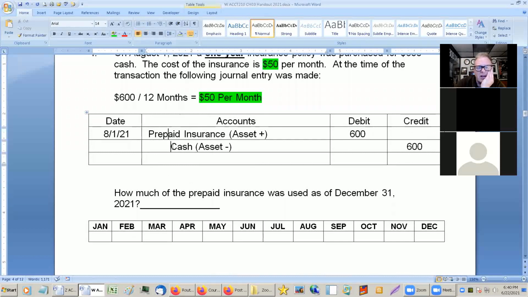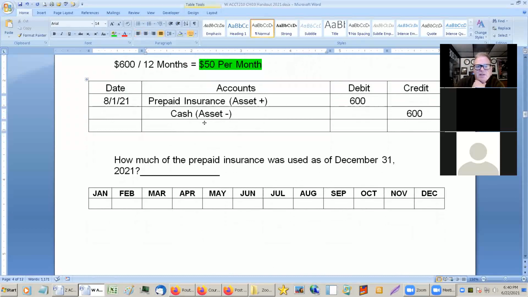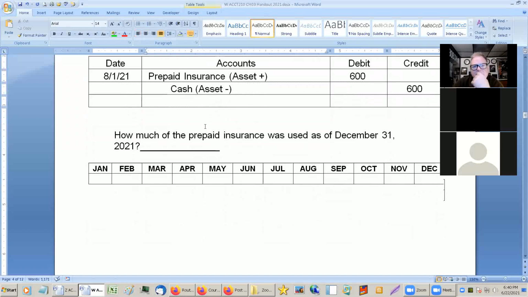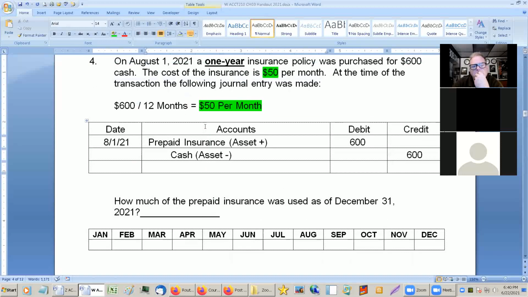Okay, so they made this entry. The cash already changed hands, so there's no cash involved from now on. How many months did they have it for? 5.